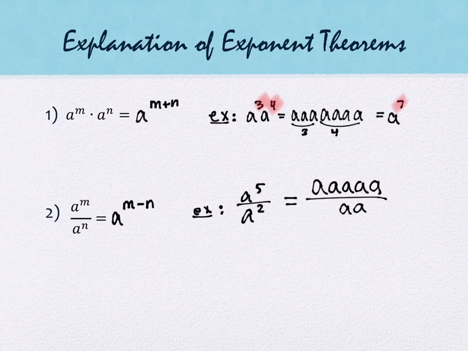One of our properties of fractions allows us to reduce common factors when they're being multiplied. So this a and this a can cancel because each of them are being multiplied by the other pieces. And we can do it again. That leaves me with a. How many a's is it? 3. And how do we get from 5 and 2 to 3? We subtract.